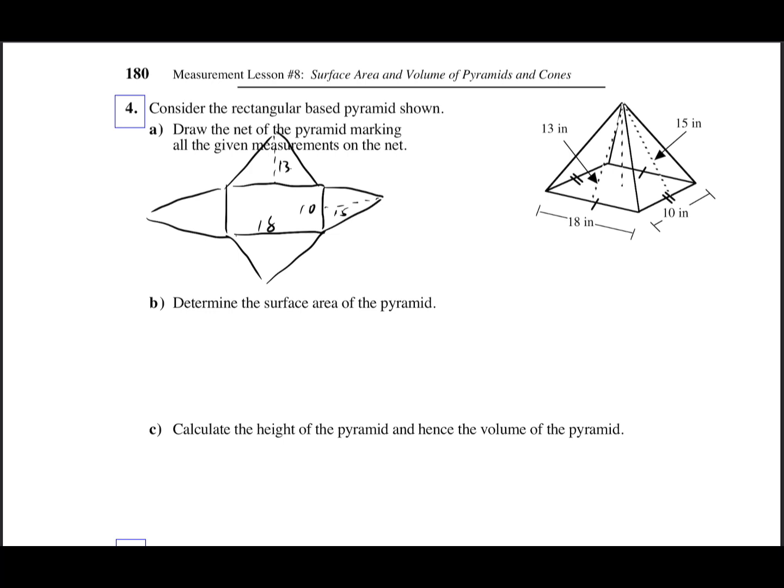Okay, determine the surface area of the pyramid. So surface area equals 18 times 8 for the rectangle plus, for the top and bottom, 2 1/2 times 13 times 18, and then for the left and right.